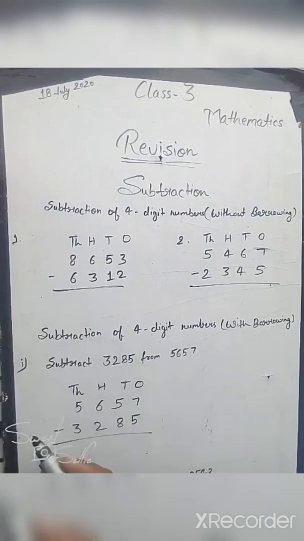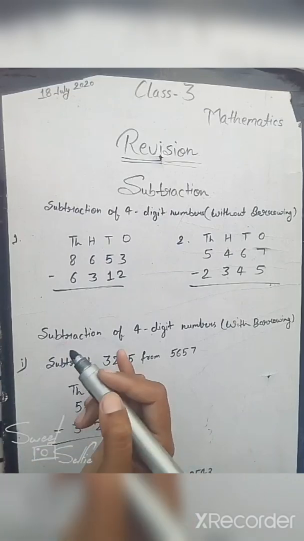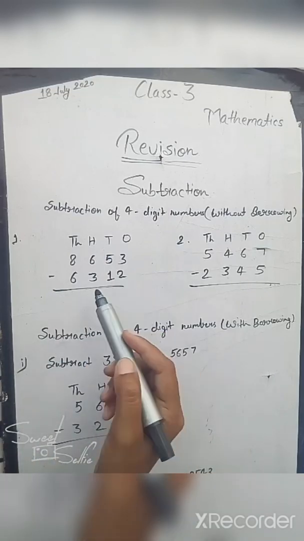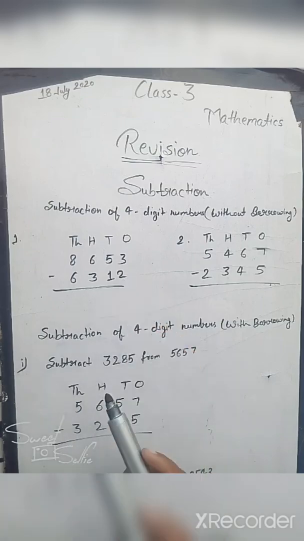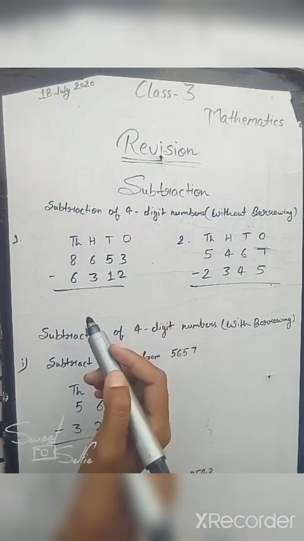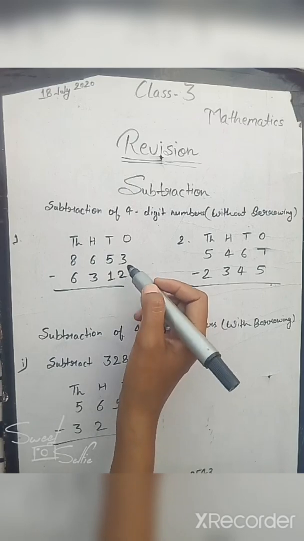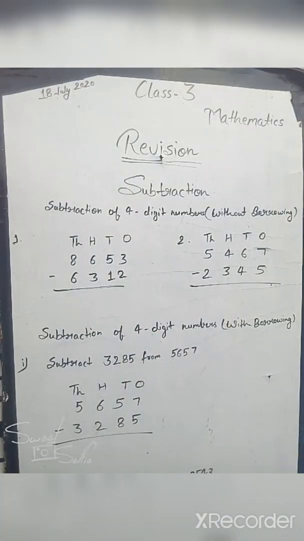Let's see. For subtraction, firstly we will write digits one below another and start subtracting from ones. Okay. So let us start. Now here at ones place we have to subtract 2 ones from 3 ones.